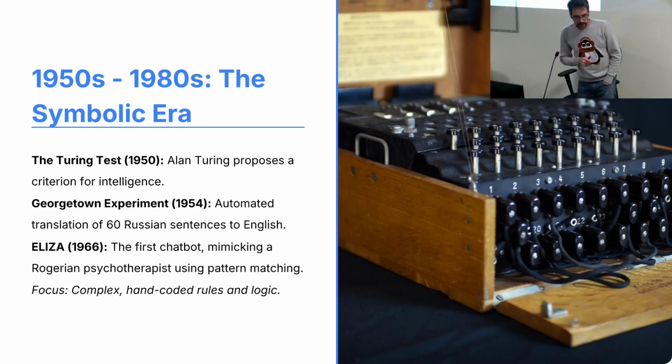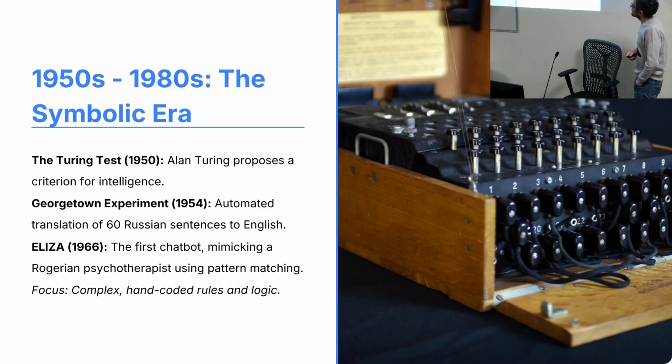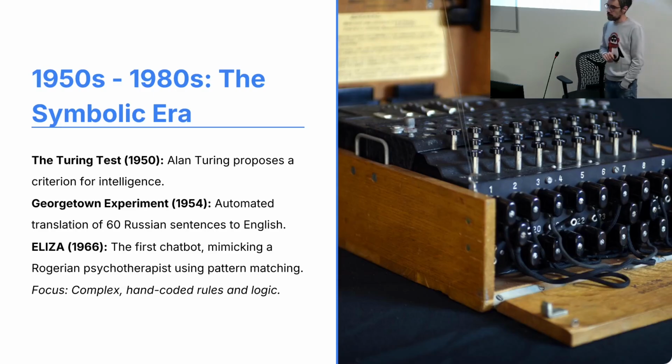To get a better idea of what happened in all of these years, first, in this prehistoric era, which we can also call the symbolic era. When you see symbolic written somewhere, it usually means explicitly programming.